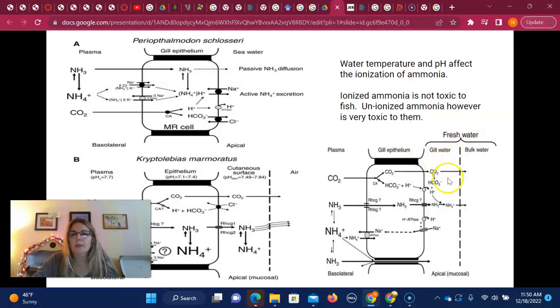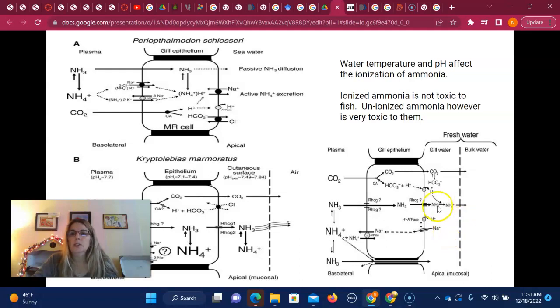As you can see, the Rh glycoproteins really help and show the process of the NH3 being able to cross the gill epithelium into the gill water, and how the sodium coming in and the ATPase helping the NH4 break down and cross over, changing in between the NH3 to NH4 and combining also with that hydrogen on the other side to help the ammonia cross over the gill epithelium.